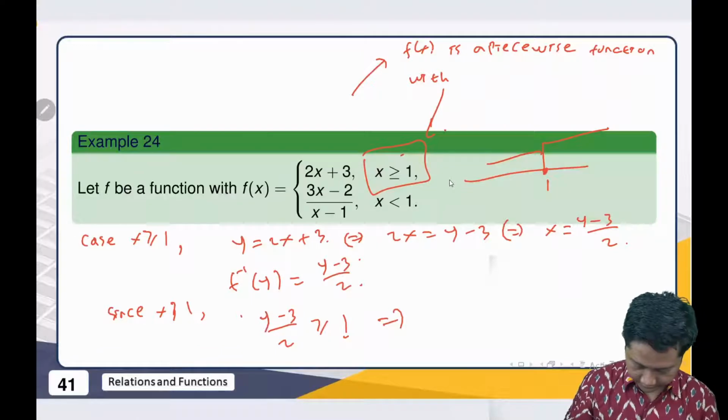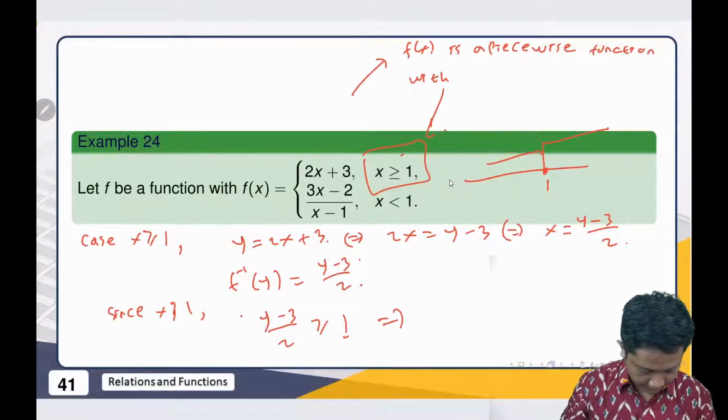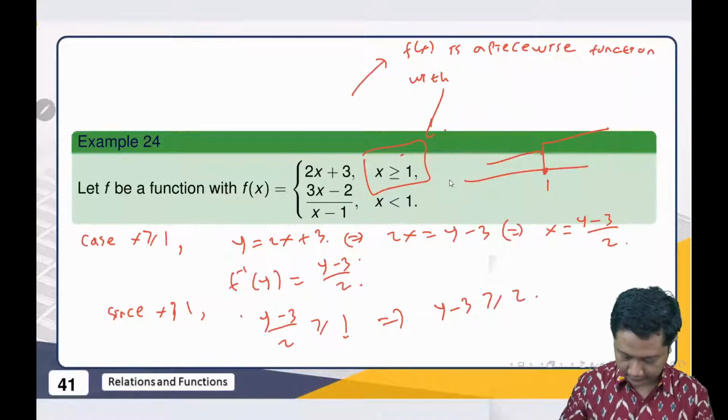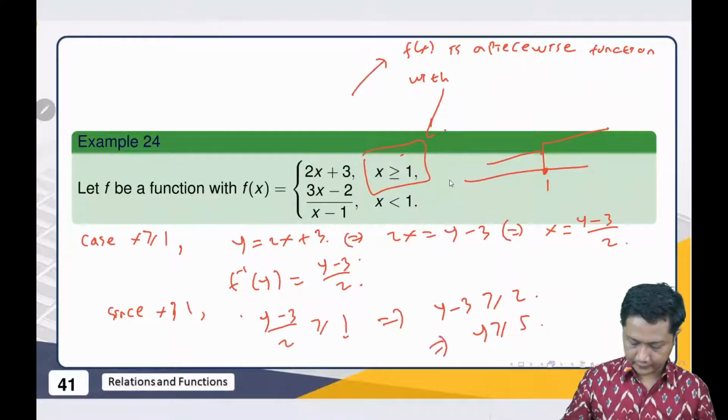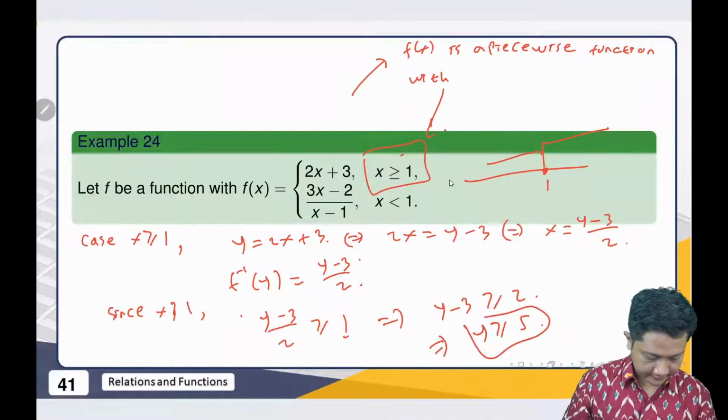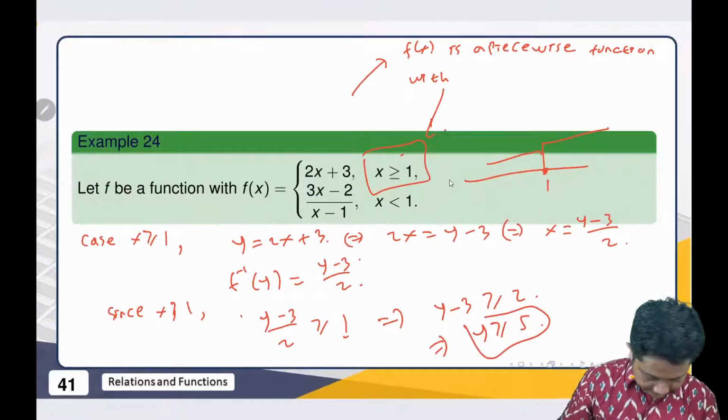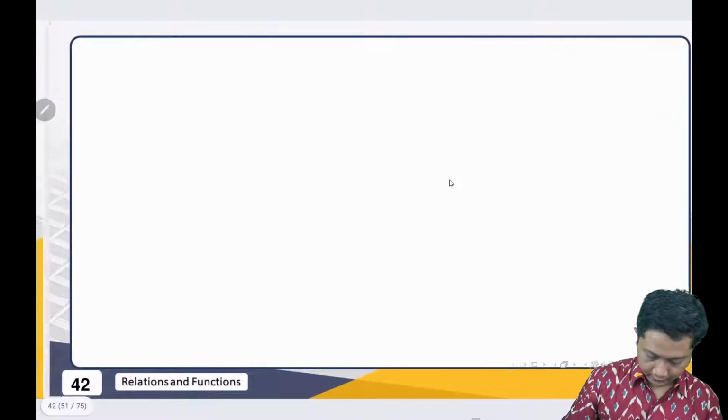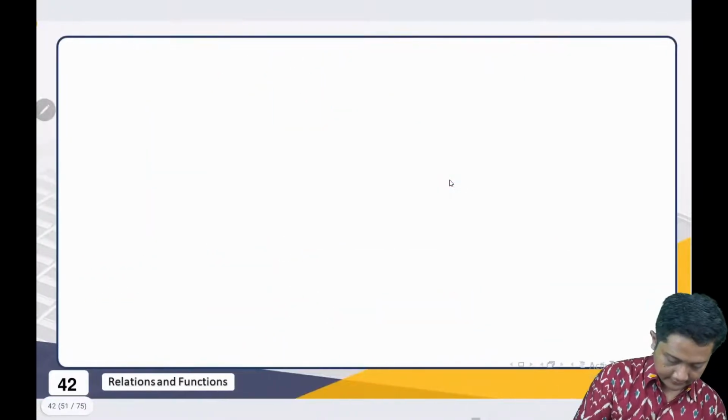I think I should write this first. So we have y minus 3 is greater than or equal to 2, and y is greater than or equal to 5. Okay, so this one is the first case.